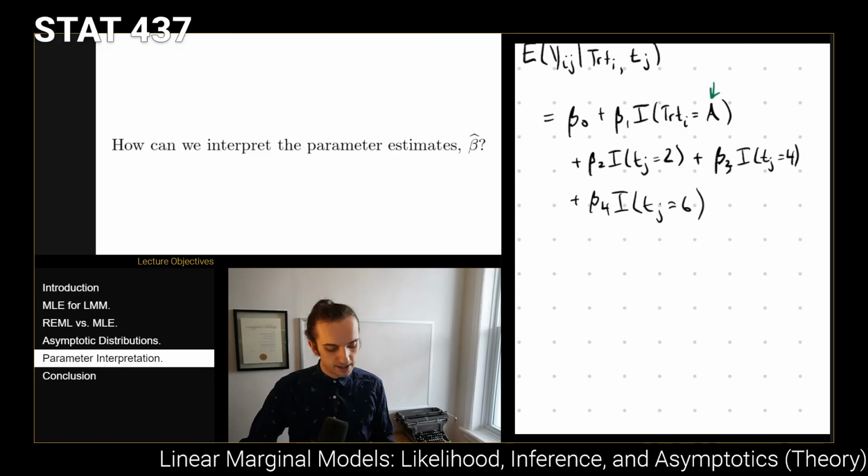And so the idea is that, for instance, beta 1 is going to be added whenever their patient has an active treatment. And so beta 1 is going to be interpreted as the difference between an individual who receives an active treatment as compared to the placebo treatment at the exact same point in time, right? Because if it's time 2, then we're going to have this beta 2 term added on. And so you need to keep that the same between these individuals.